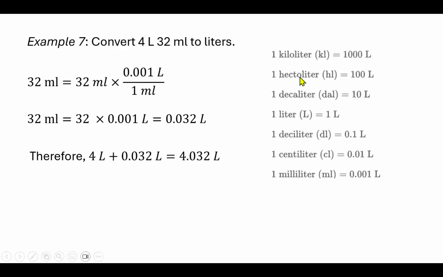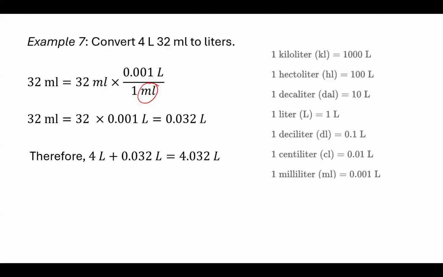Just like before, it's the same table: kilo, hecto, deca, liter, deci, centi, and milli. This is actually not a conversion, it's just telling you that 1 liter is what the L represents. So the units I need are milliliters to liters.